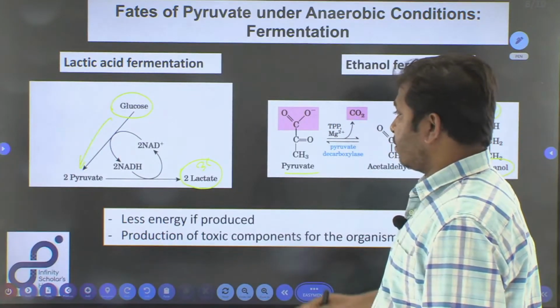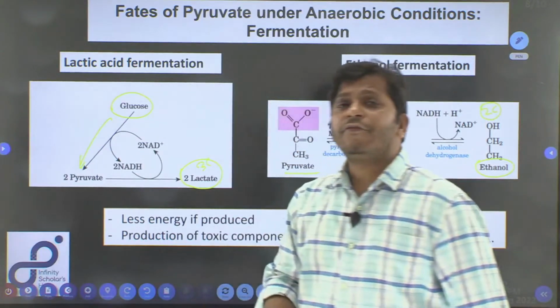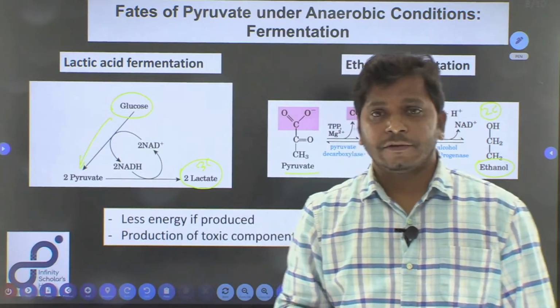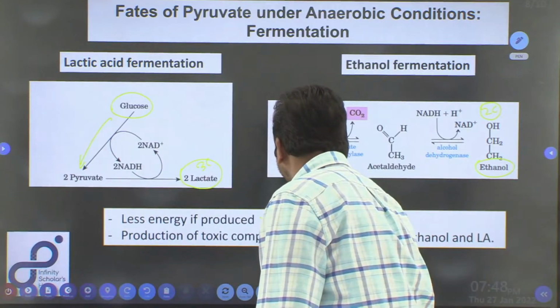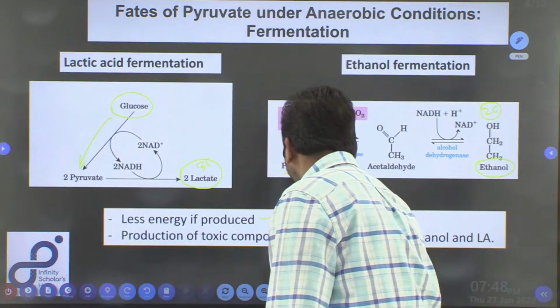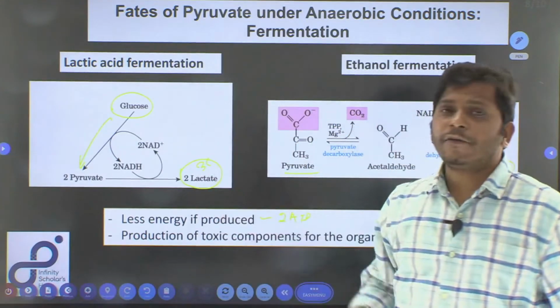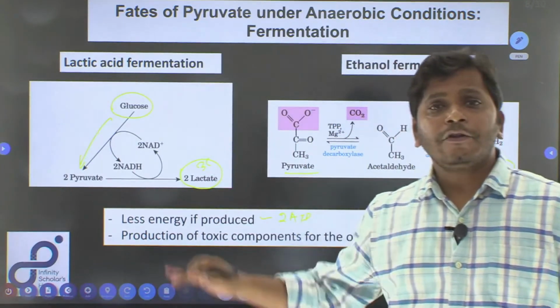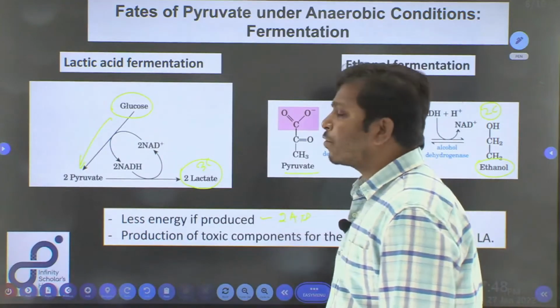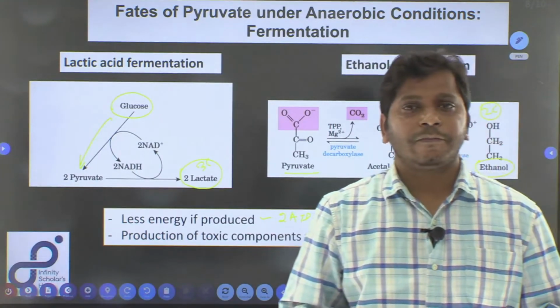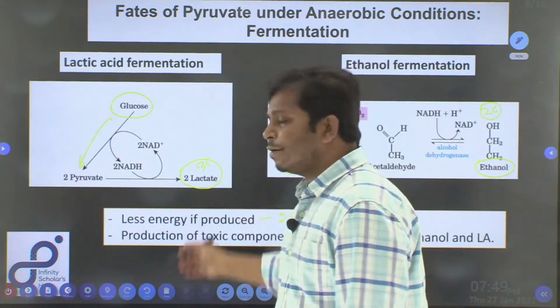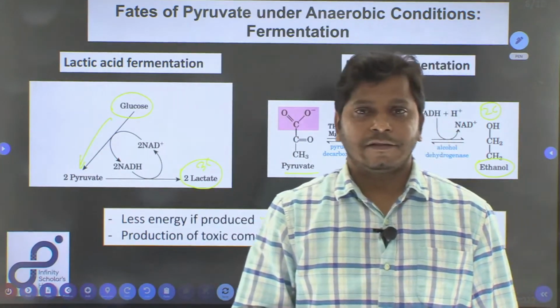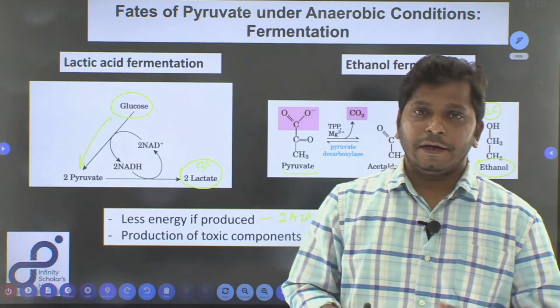Both these reactions are very less energy efficient, because only two molecules of ATP are produced. Both also produce toxic components which are not good for the organisms which produce them. For example, lactate is produced by muscle cells during exercise.